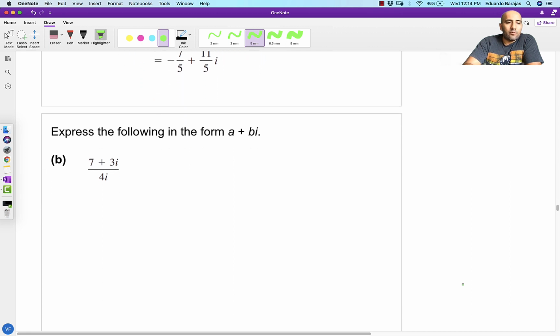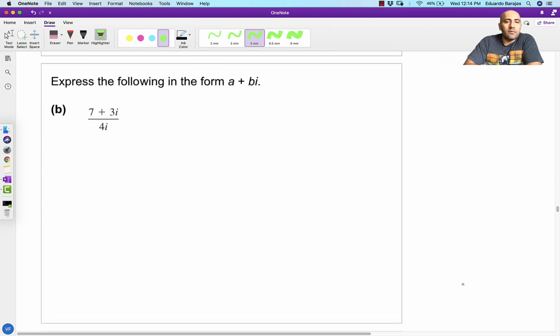Okay, another example. Express the following in the form of a plus bi. All right, so remember that 4i is the same thing as 0 plus 4i.